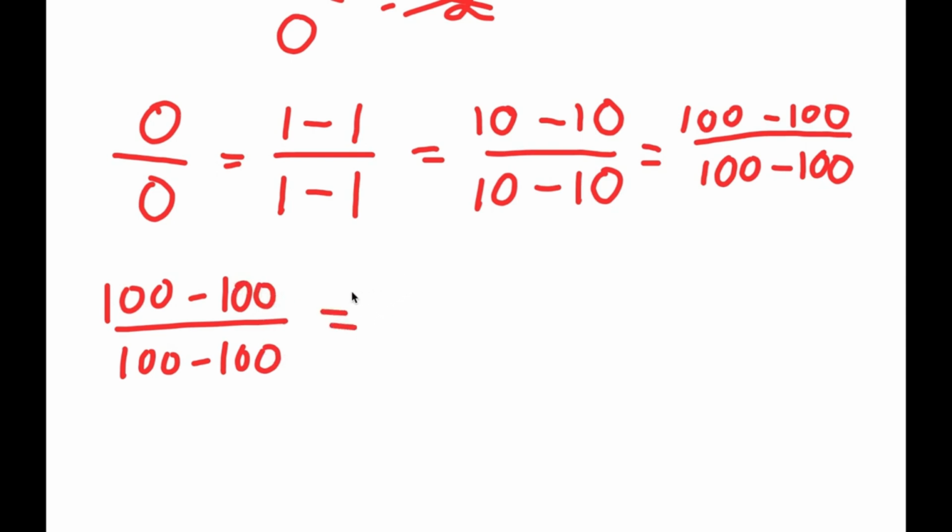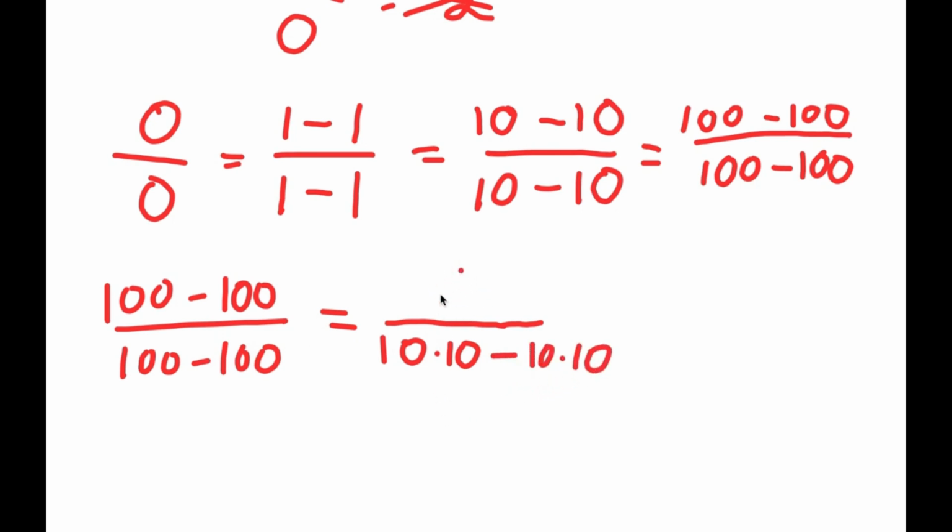And now I'm going to change things up a little bit. 100 is the same thing as 10 times 10, right? So for my denominator, I'm going to write this as 10 times 10, because 100 is 10 times 10, minus, I have 100 again, so 10 times 10 again.